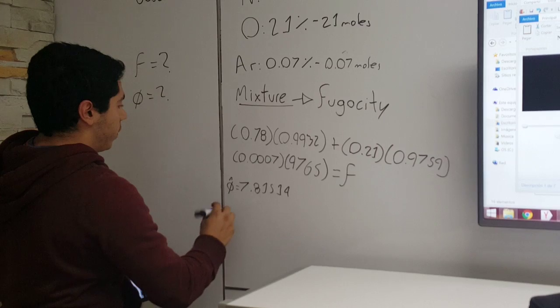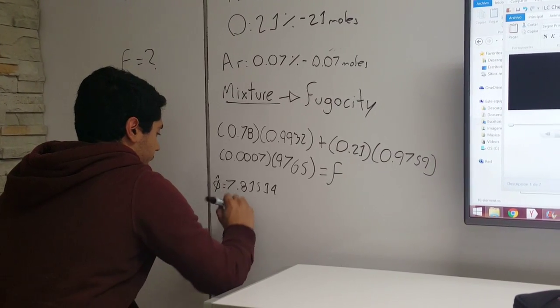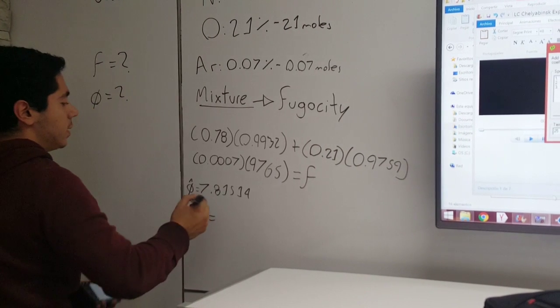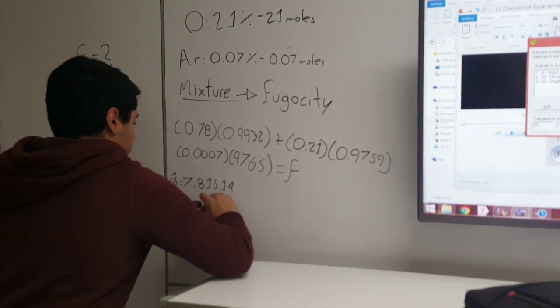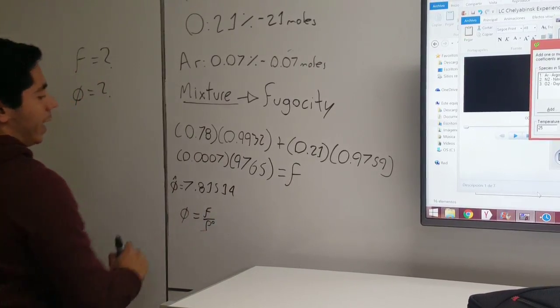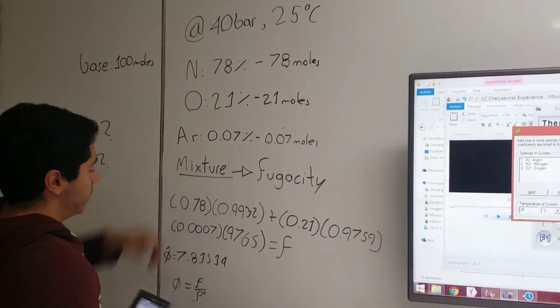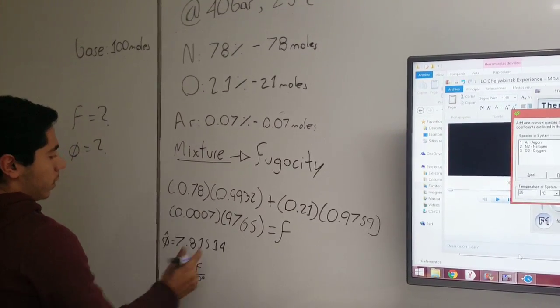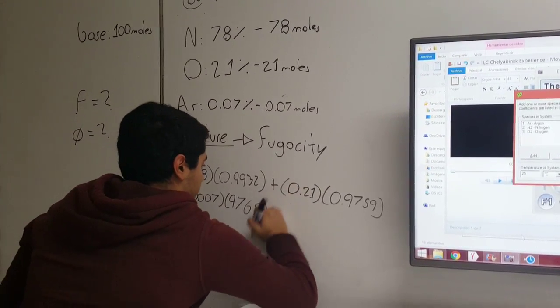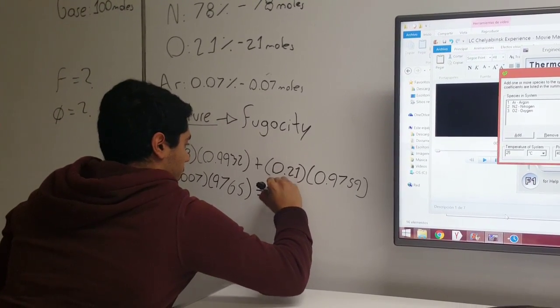Now we want the fugacity. As we know, the fugacity coefficient is equal to the fugacity divided by the pressure that we determine, and this pressure will be the pressure of the initial system.